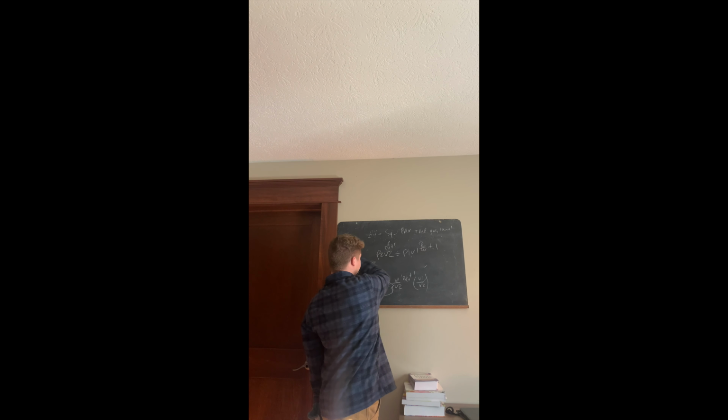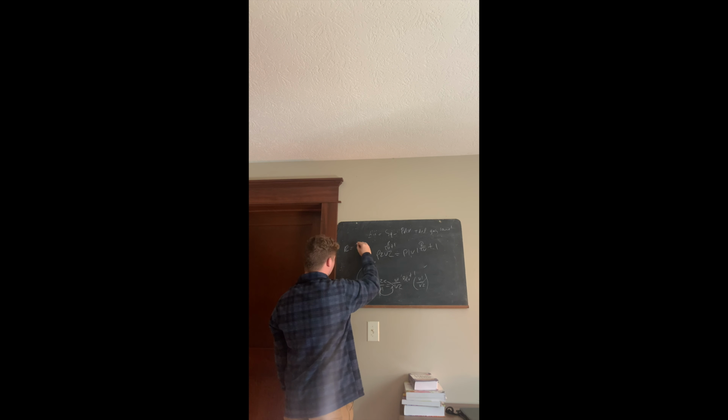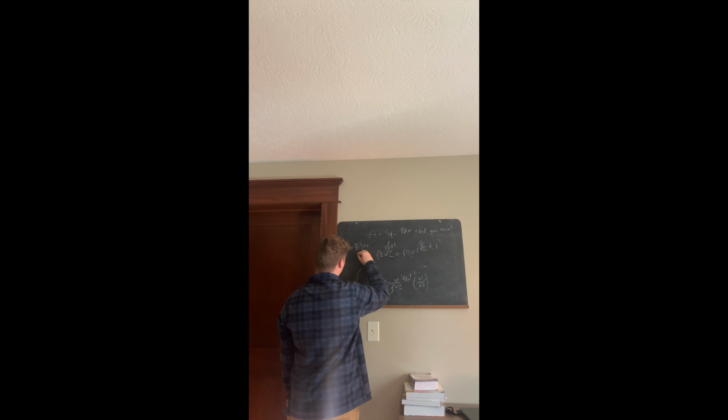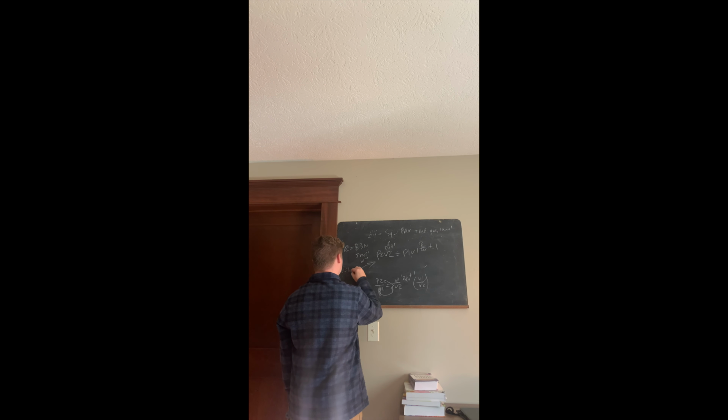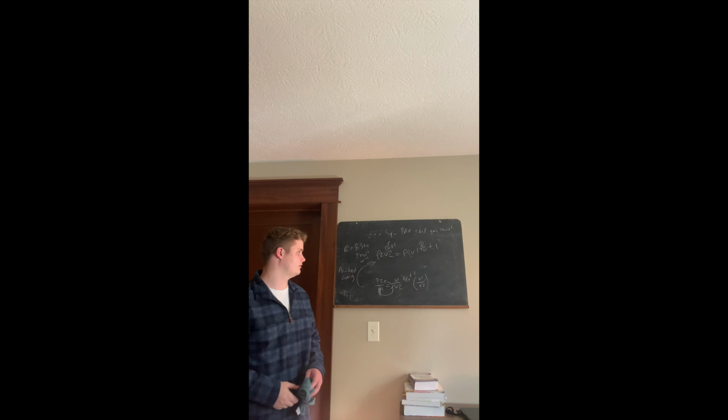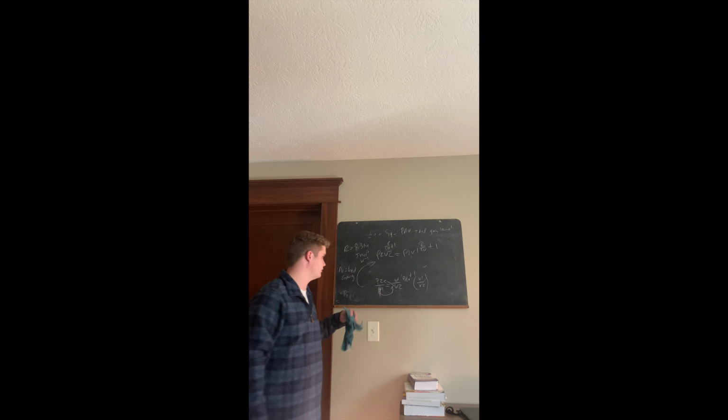So remember, R is the gas constant, 8.314 joules mole to the -1 Kelvin to the -1, and then CV is the heat capacity at constant volume, and then P2 is the final pressure of the system, and then P1 is the initial pressure, V1 is the initial volume, and then V2 is the second volume.